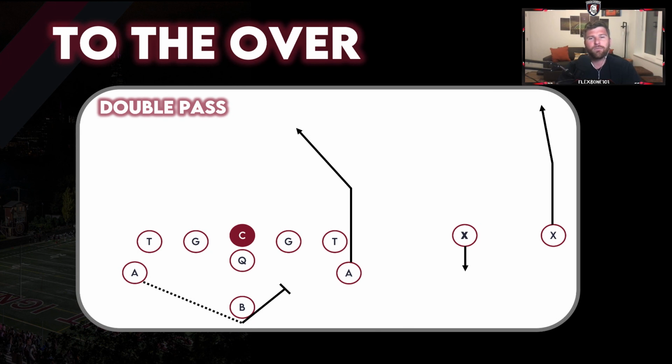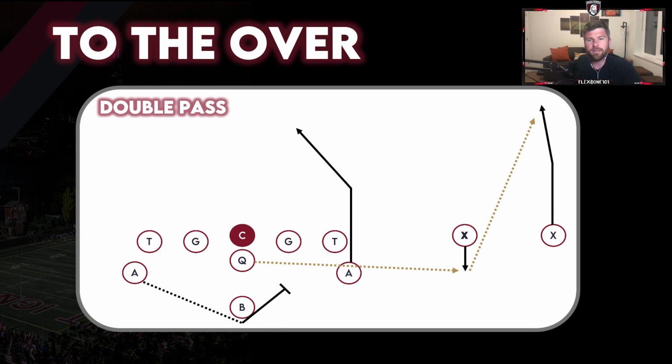And of course, it wouldn't be a fun video on overpassing if we didn't throw in some sort of trick play, which I think are generally people's favorites. So not only can that inside receiver run backwards to catch a pass, but assuming it's a backwards pass, we can then make this a double pass where we can throw to the inside receiver and then the inside receiver can throw to hopefully a wide open outside receiver.